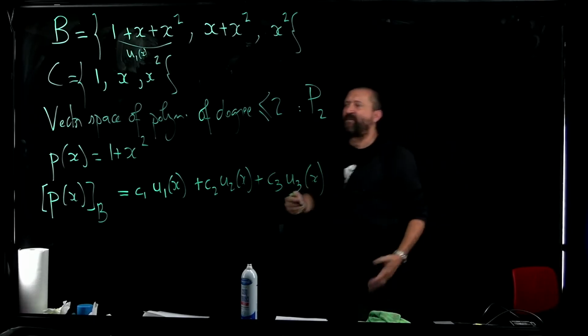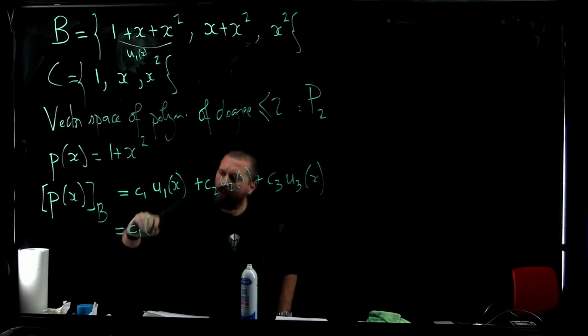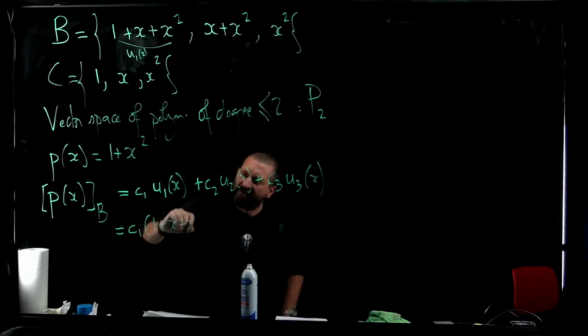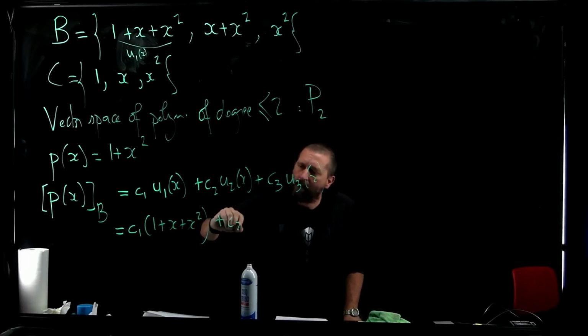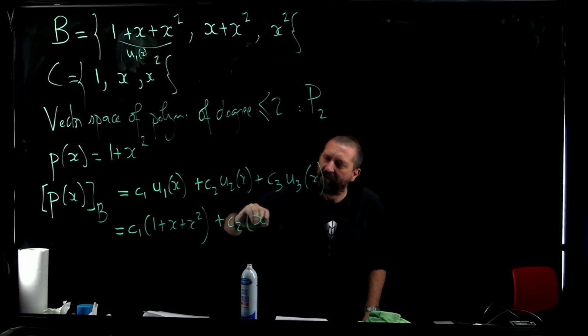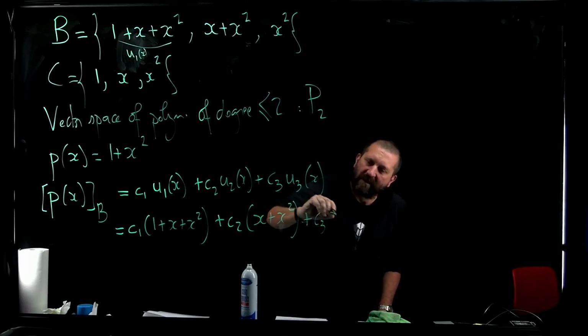So let me expand this. This is C1 times 1 plus x squared, plus C2 times x plus x squared, plus C3 x squared.